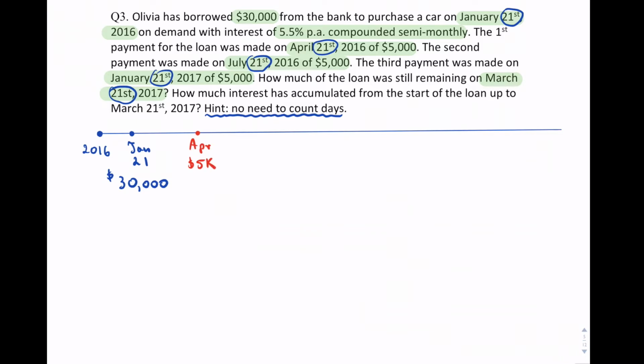The second is July, and again it's 5K. And the third is now moving into 2017, January, and that's another 5,000.